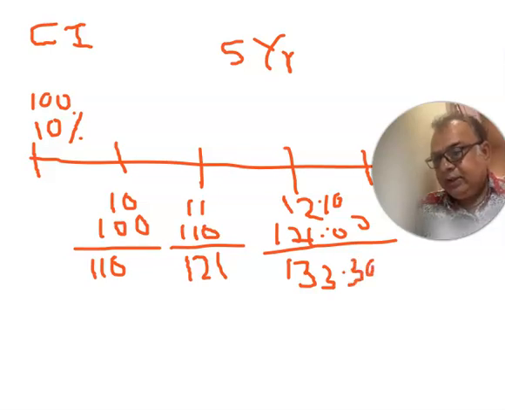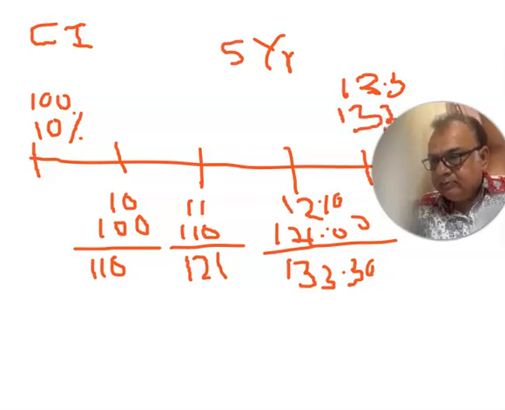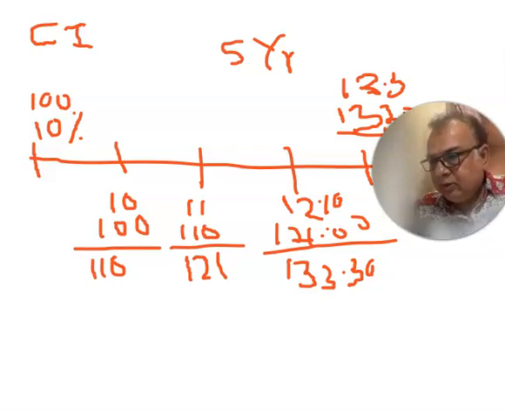Fourth year interest will be, I am writing here, 13 rupees 30 paisa, and you have added it to the previous year's accumulated sum of 133.1. It will become 146.41.